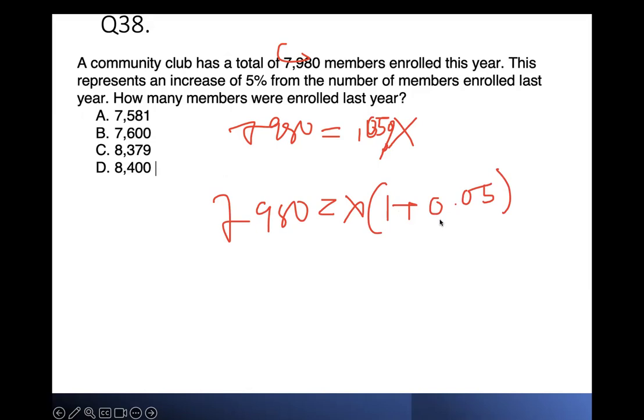This is going to give you the same answer choice: 1.05 times X equals 7980. Then you punch the numbers into your calculator, and you're going to get B as your right answer.